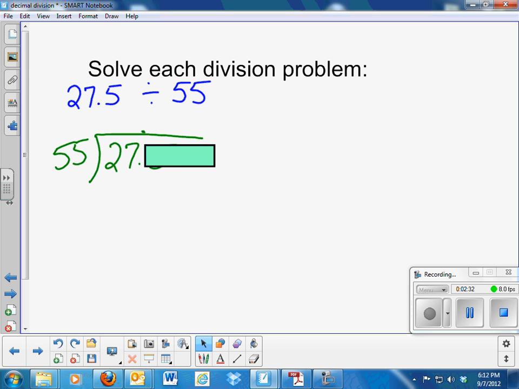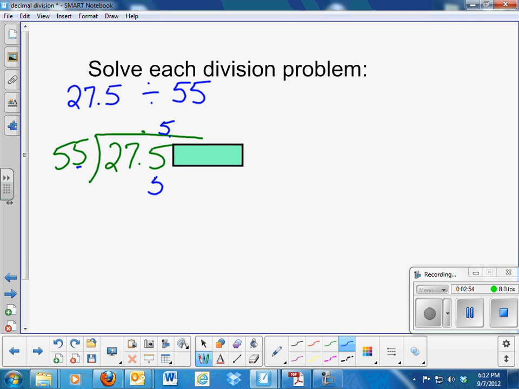And then I'm going to uncover my next digit. Can 55 go into 275? Yes, it can. It can go in 5 times. And I multiply one digit at a time. 5 times the 5 from 55, 5 times the ones digit. 5 times 5 is 25.